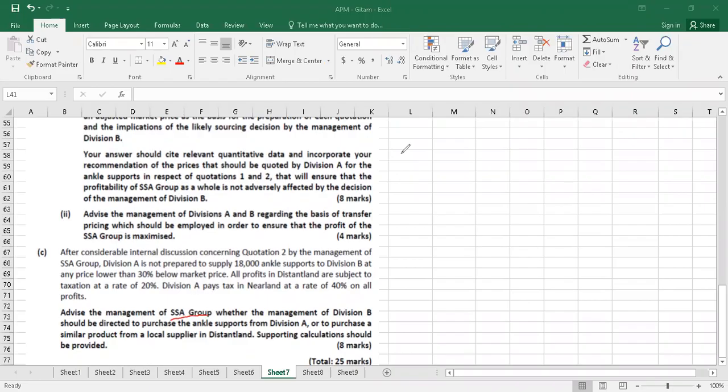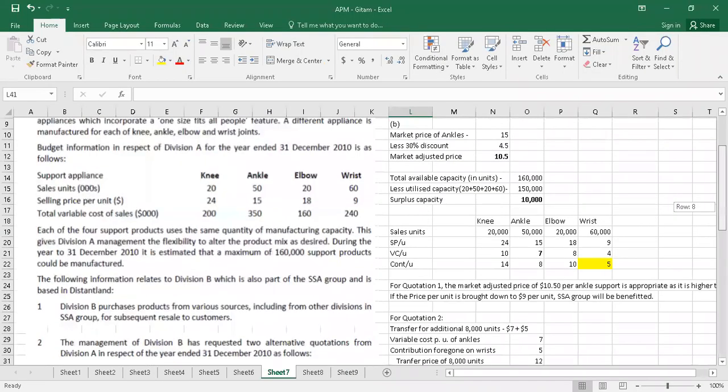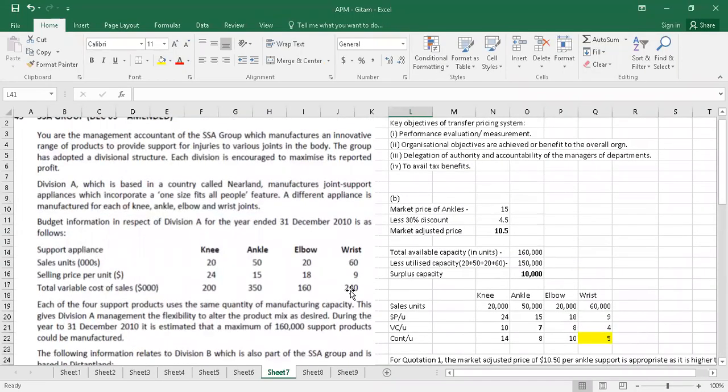The other things being constant, the impact is only seen on the sale of risk, and the sale of risk will be compromised. 8,000 units less. Elbows will be same, ankles will be same, knees will be same. So we are not bringing that into the picture. As of now, it is irrelevant. The decision would change only in terms of risk. So we are only taking into consideration what is relevant.